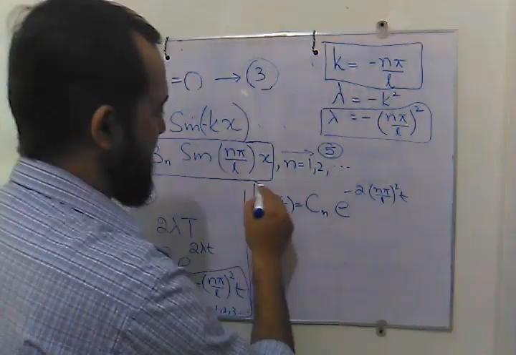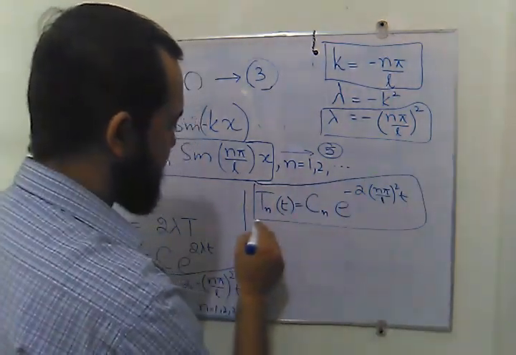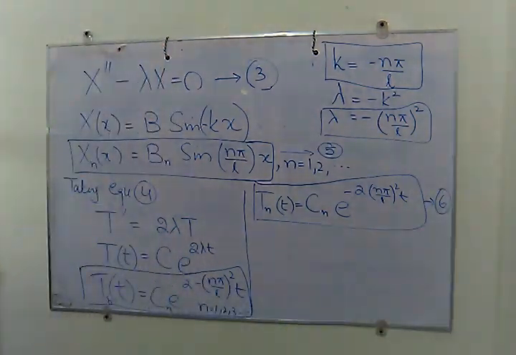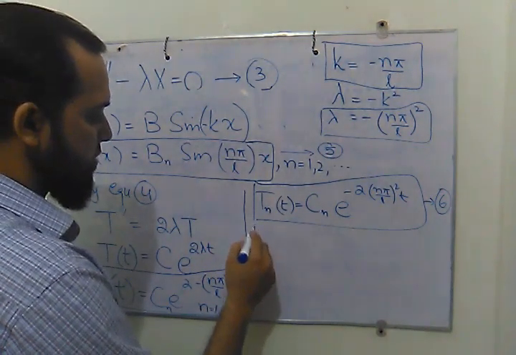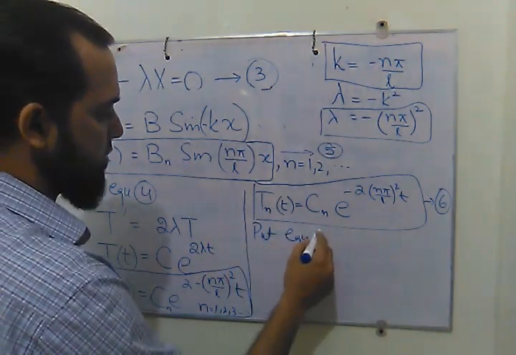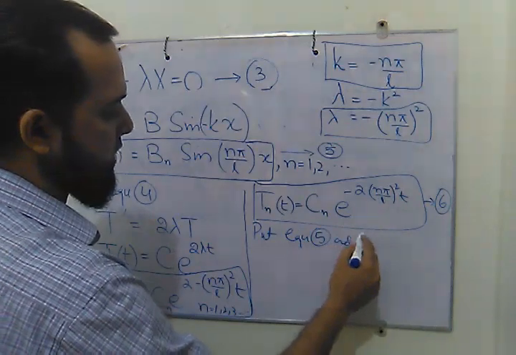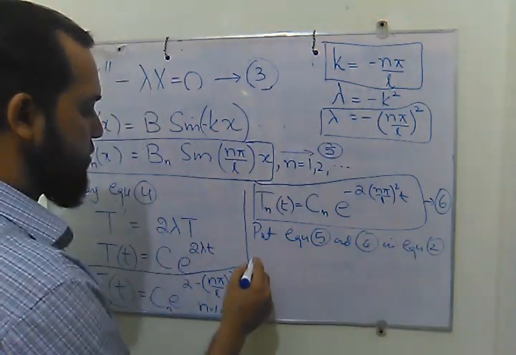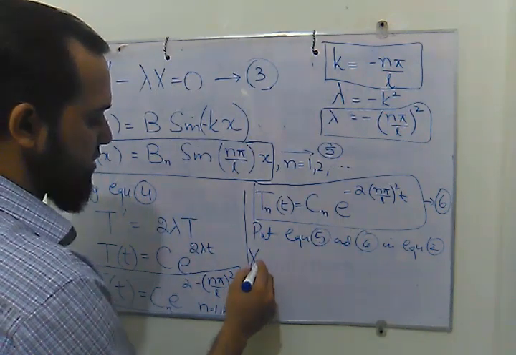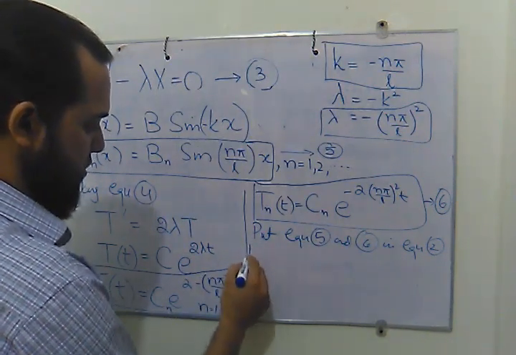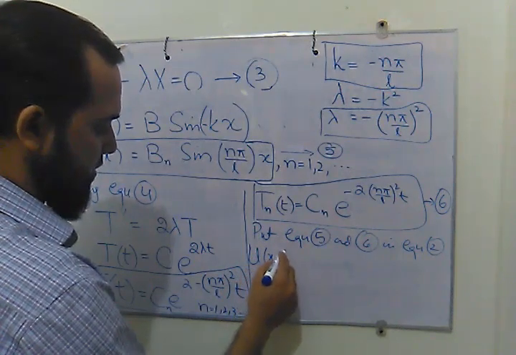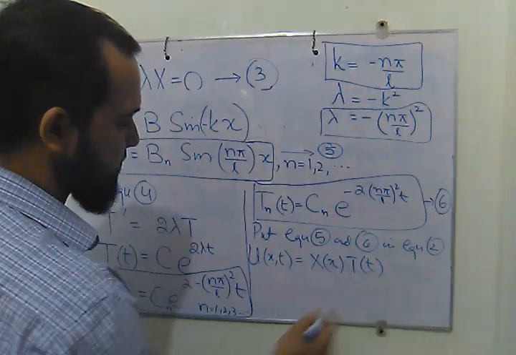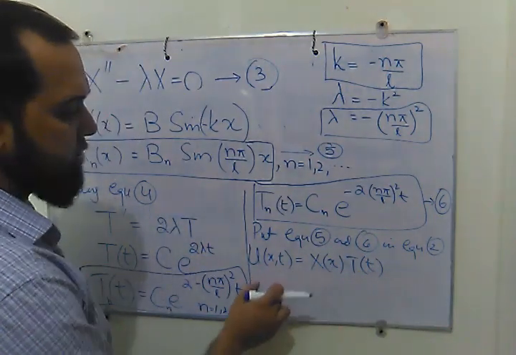Alright, so this is the solution for the T equation. We call it equation number 6. And we now can put equations 5 and 6 in equation number 2 to get the general solution. This was u of x, t is equal to X of x and T of t. This is for the single solutions.